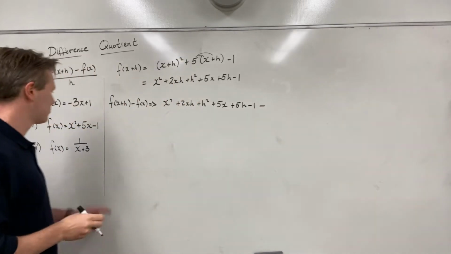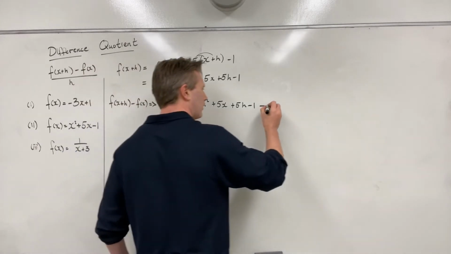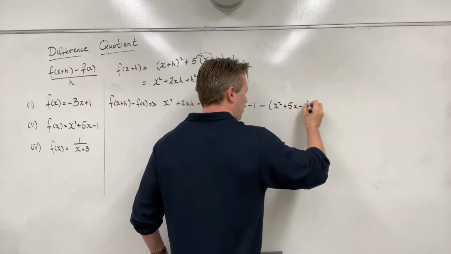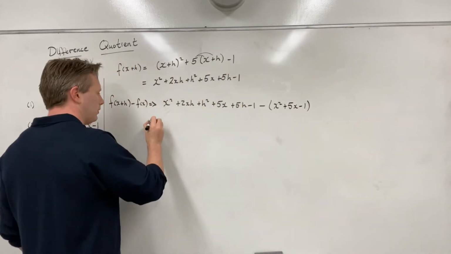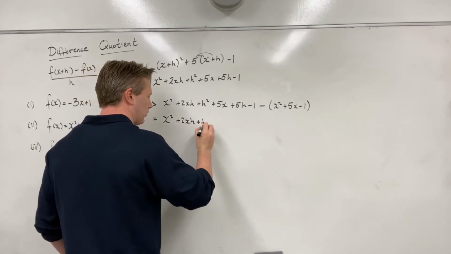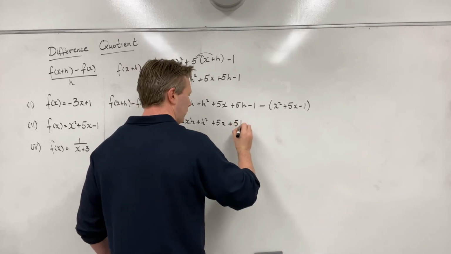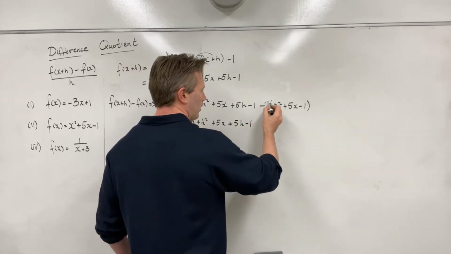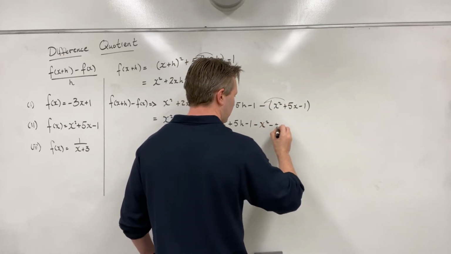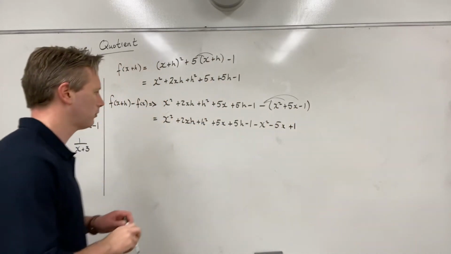And from that I'm going to subtract my original function, x squared plus 5x minus 1. Here I get minus x squared. Here I get minus 5x. And here I get plus 1. Minus times minus is going to be plus 1.